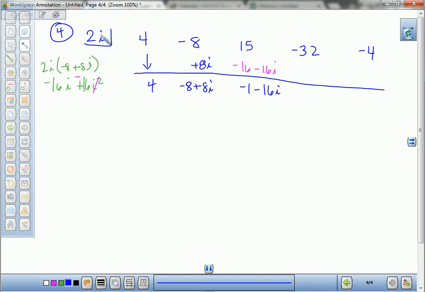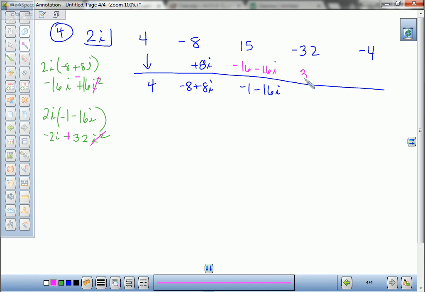So now I got to multiply this times this. So we have 2i times negative 1 minus 16i. And that's going to give me negative 2i minus 32i squared. What does that i squared do? Makes it a positive 32.